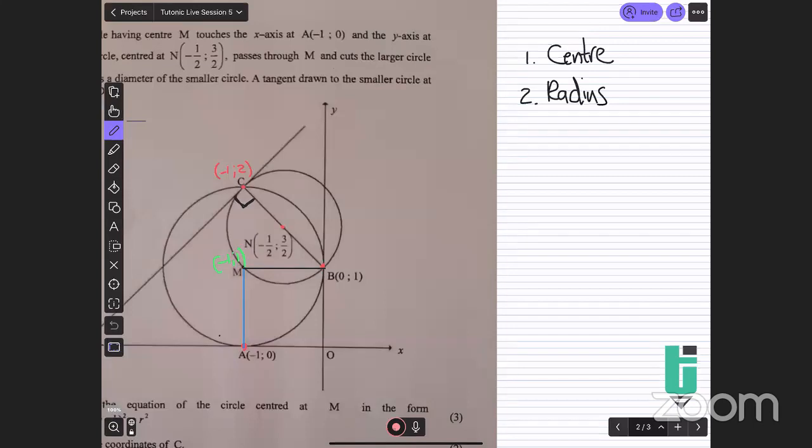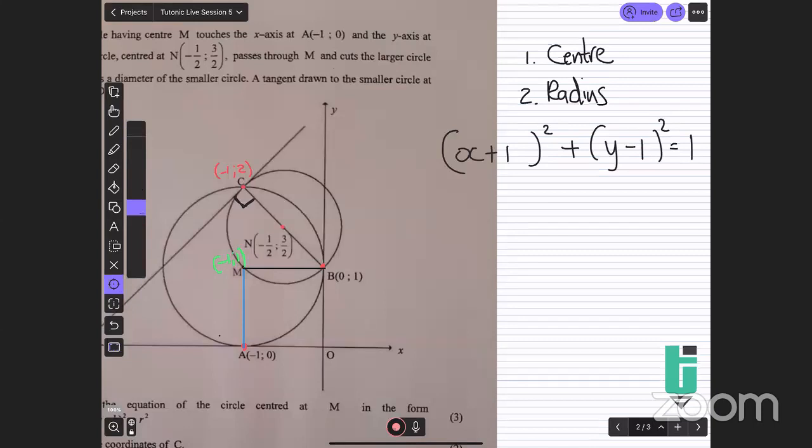So the equation is going to be x, and the first one is going to be plus 1, and then y minus 1, because it's x minus -1. The general formula is x minus a, so if a is -1, then it's x minus -1, which is x plus 1. Okay, so that's the equation of the circle.